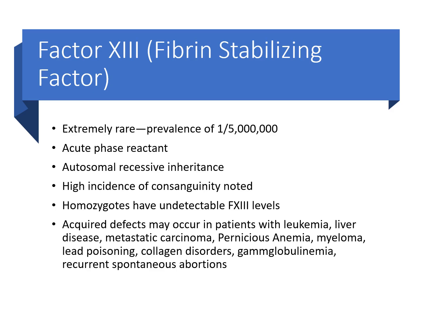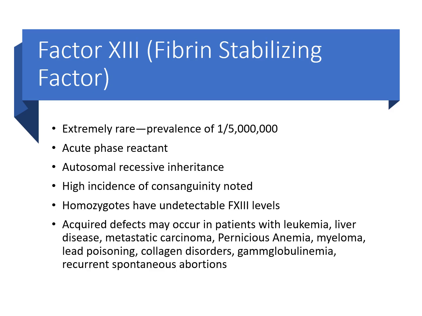Most deficiencies are inherited through autosomal recessive inheritance patterns, and usually this occurs in communities with a high incidence of consanguinity, where closely related relatives marry each other and have offspring, and those offspring are at a higher risk for inheriting these factor 13 deficiencies.